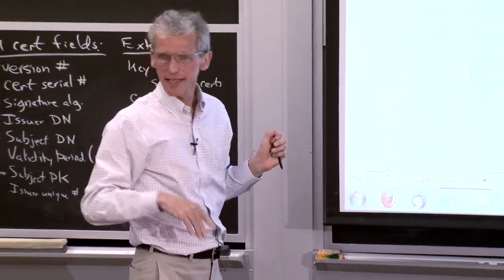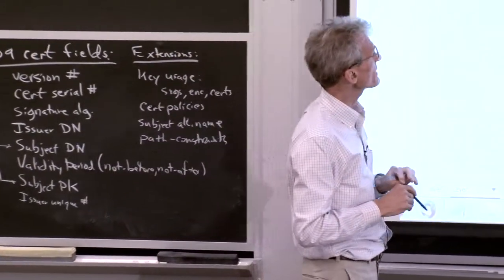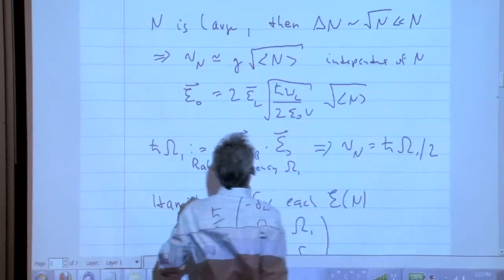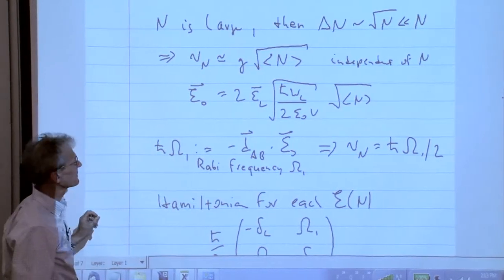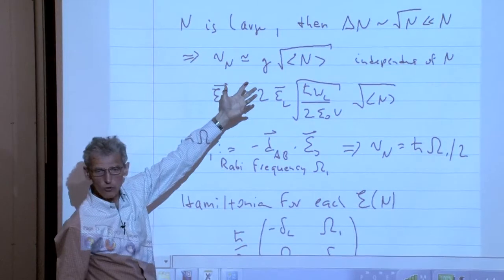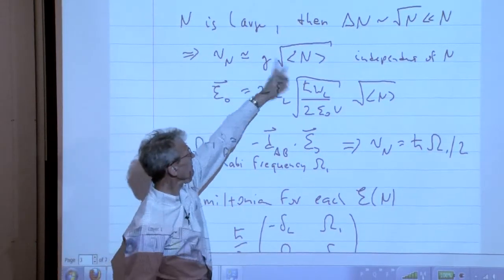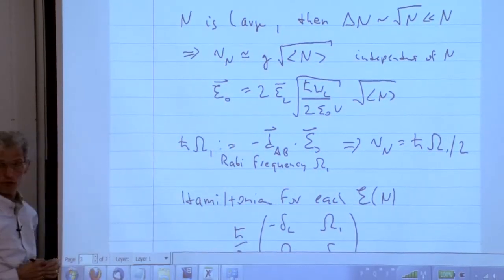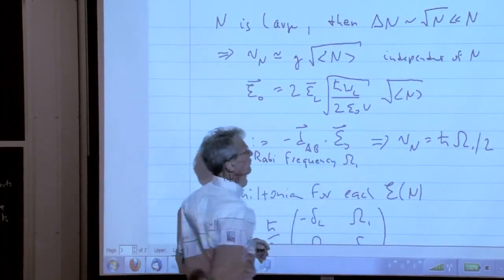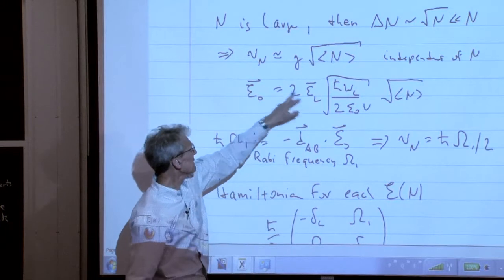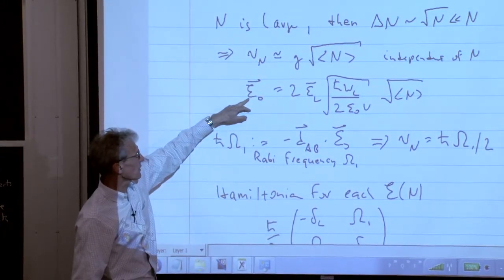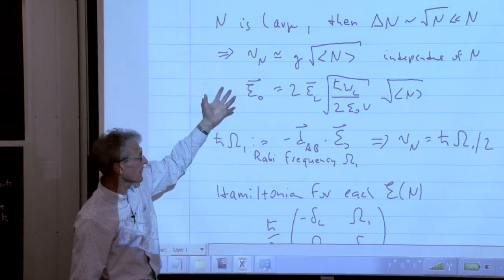But now we do the next approximation, namely we say when n is large and delta n can be neglected with regard to n, then at least for the range of important photon numbers for the problem, this coupling becomes independent of n. And we simply take the average number of photons in our laser beam and define now an electric field which is independent of n.